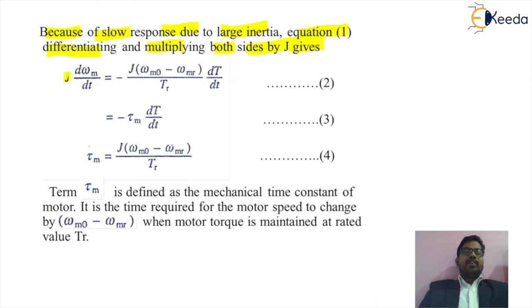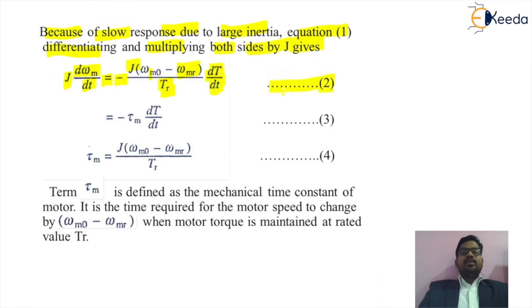So now we are multiplying, with the help of the equation, J into d omega m by dt is equal to minus J into (omega m0 minus the value of the rated speed) divided by the rated torque into dT by dt.